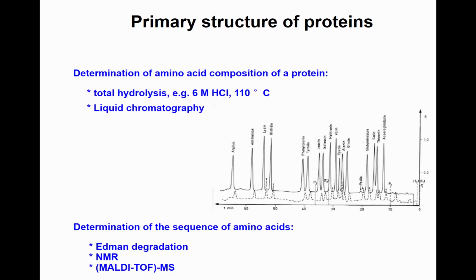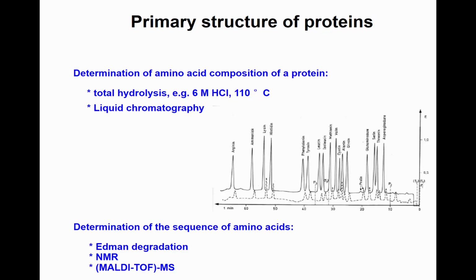The most common is 6 molar HCl at a very high temperature, 110 degrees C, for an extended period of time to ensure that all peptide bonds are broken. Once all peptide bonds are broken, we run liquid chromatography, which you'll learn about in food analysis, separate the different amino acids on a chromatographic column, and then quantify each amino acid based on standards. So now we have the composition.